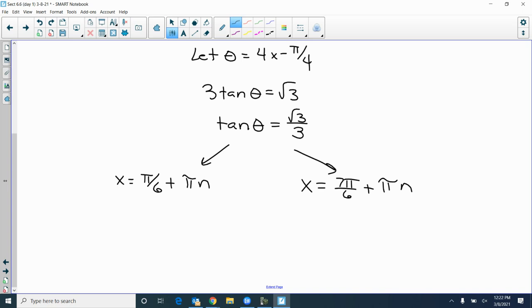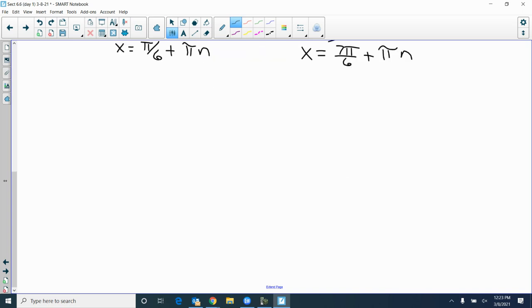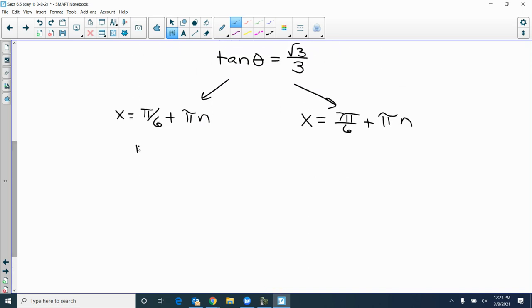All right, it's been a few days. I can't remember when we did this, but with tangent, something happens. Do you remember what happens with these two sets of answers? Okay, Dominic says he does. Well, when we put in pi, we both get the same answers, pi over 6 and 7 pi over 6, so it's repetitive. Now, don't write this down, but if I let n equal 0, you get pi over 6.